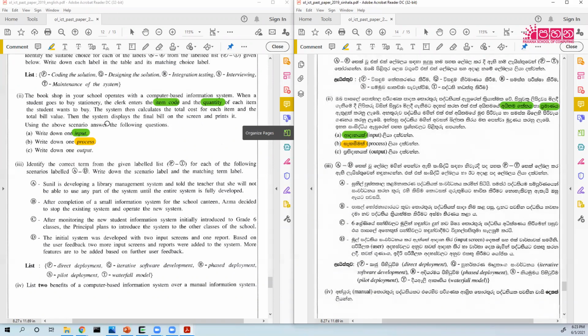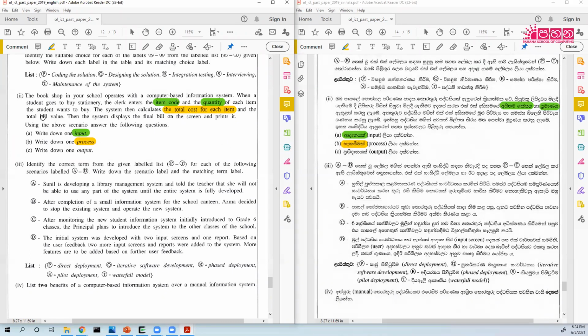So let's look at this. The system then calculates the total cost for each item. So one thing is the total cost for each item. So it's a process, right? You are calculating the total cost for each item.